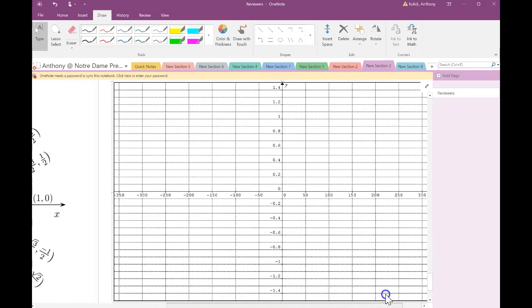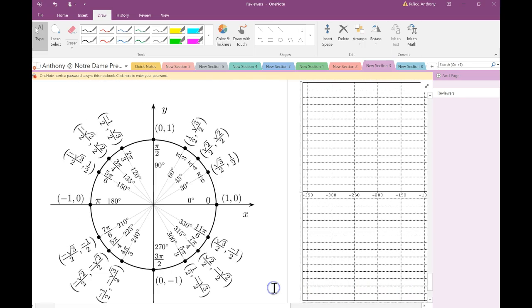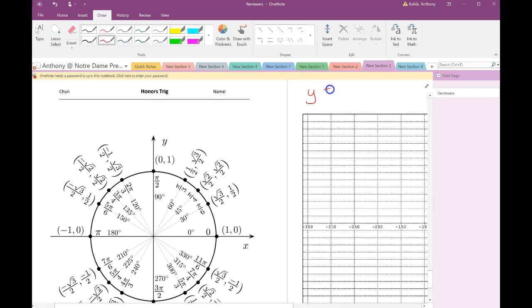So what we're going to do is use points from the unit circle and the angle measures of those points to plot. We'll do sine first. So this graph will be y equals sine. So the values from the unit circle for sine are the y coordinates, right? So what I'm going to plot over here is going to be theta, comma, y coordinate.